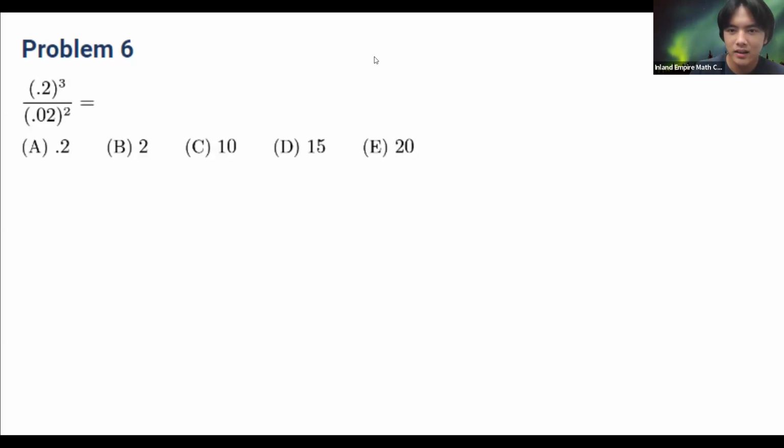So, the person who got E, why don't you tell us how you solved this question? I think that's Jasper. Do you want to tell us how you solved this? Feel free to annotate the board too if you need it.